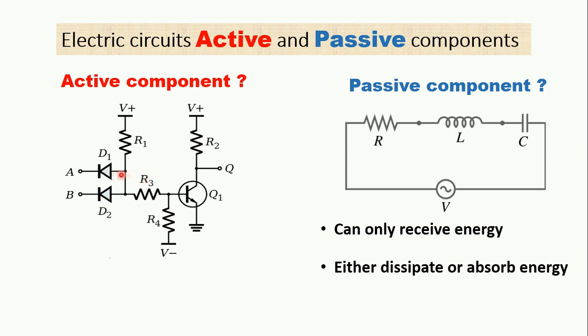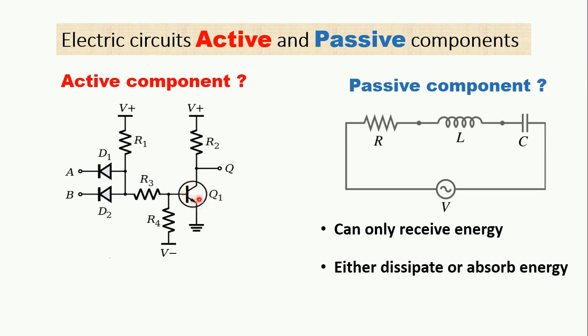They can allow the current to pass in this direction, and they don't allow the current to pass in this direction. Do they add any energy to the circuit? No, they consume power and energy from the circuit. So you need some voltage here to operate this diode. So we can consider the diodes as passive components, again similar to the resistors, inductors, and capacitors.